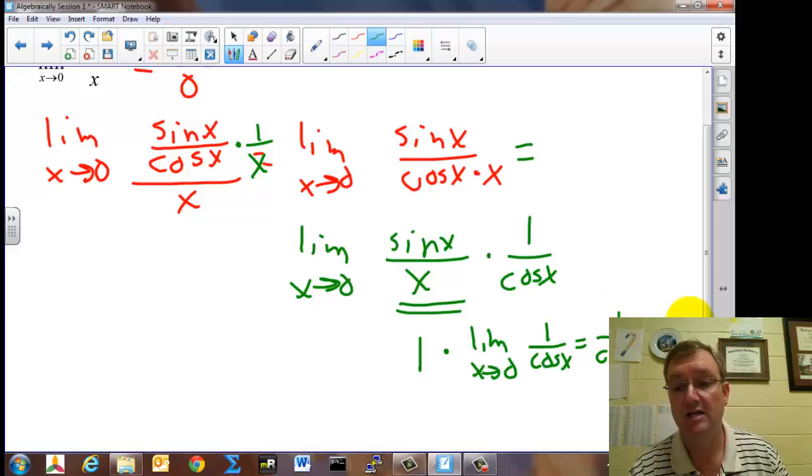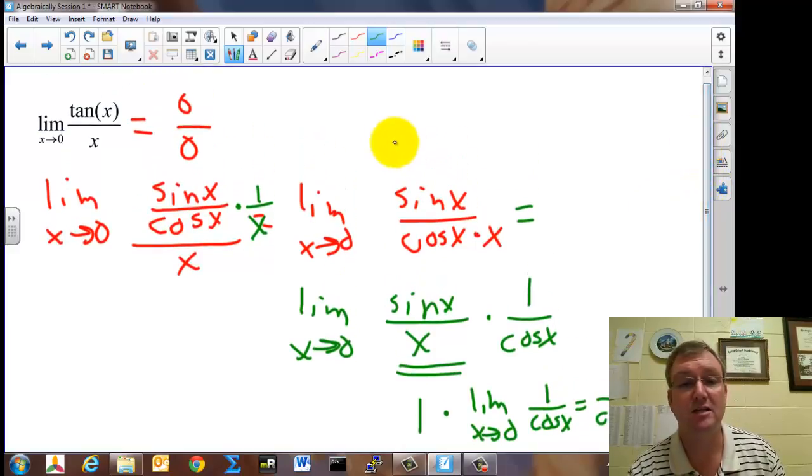The cosine at 0 is 1. You need to look that up. You need to be memorizing it or using your hand trig to determine what it is. And 1 over 1 is the number 1. So we've concluded from all of that that this limit is actually equal to the number 1.